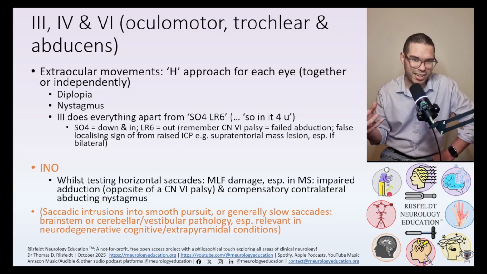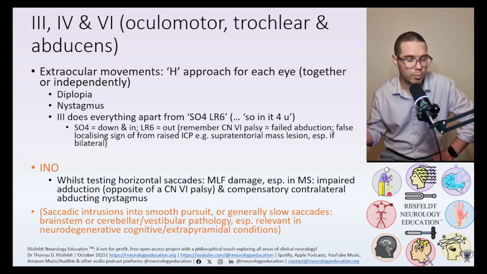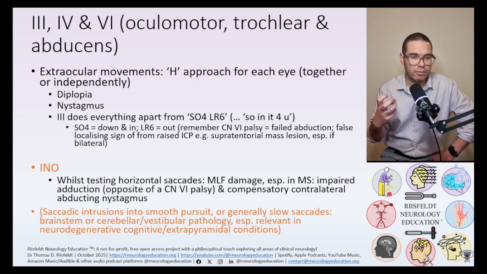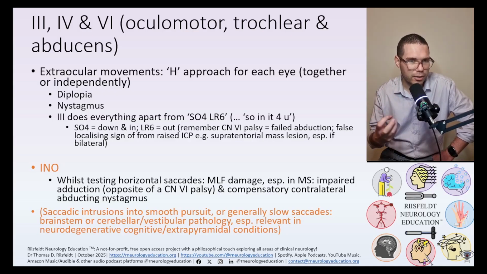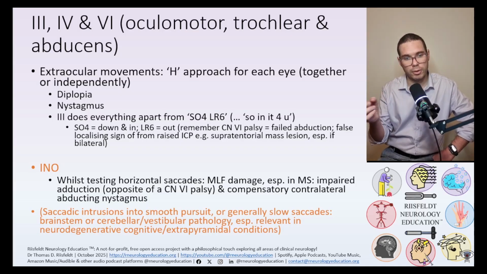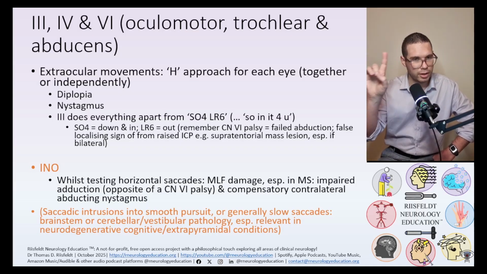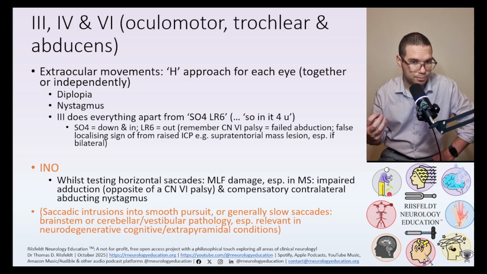And if they say yes, then that's good enough for me, and I don't think that there's any evidence of diplopia and ophthalmoparesis. But if I'm particularly concerned about a third, a fourth, or a sixth nerve palsy or some other form of ophthalmoparesis, then I'll be slower and more deliberate and ask for diplopia in each of the 6 primary directions of gaze.